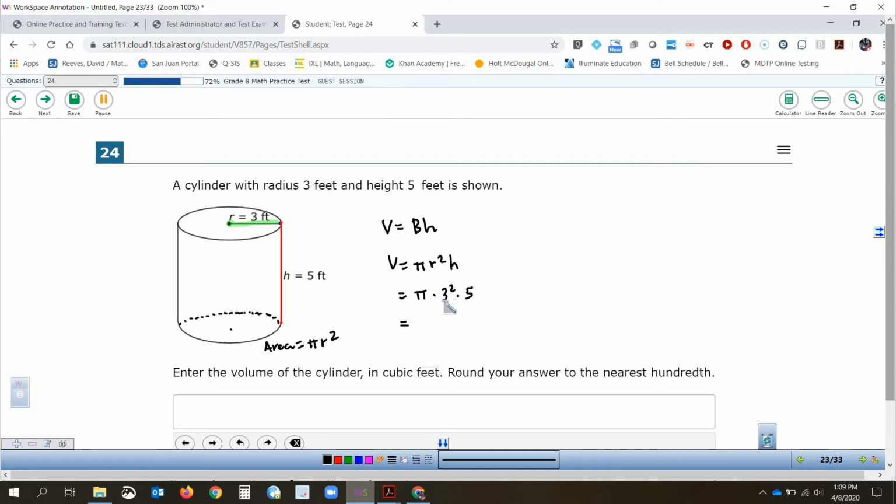Following order of operations, we do exponents first, so we get pi times 9 times 5. 9 times 5 is 45, so the volume would be 45 pi cubic feet. Luckily, over here they have allowed us to use a calculator.